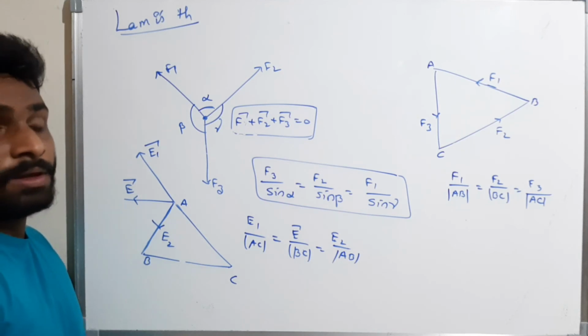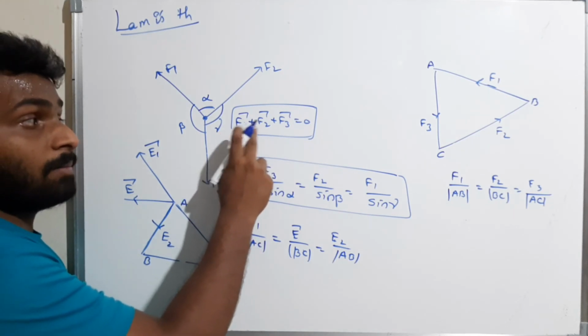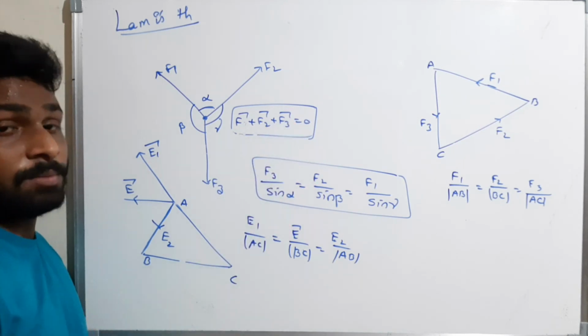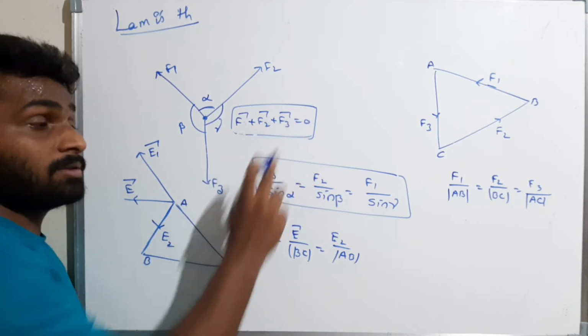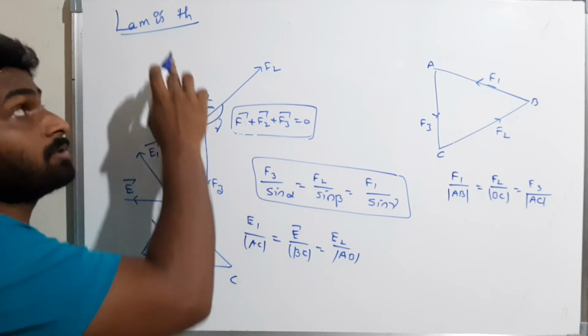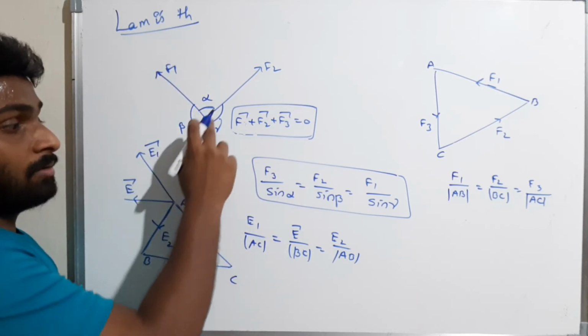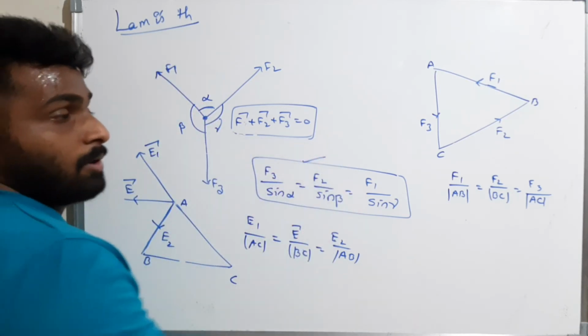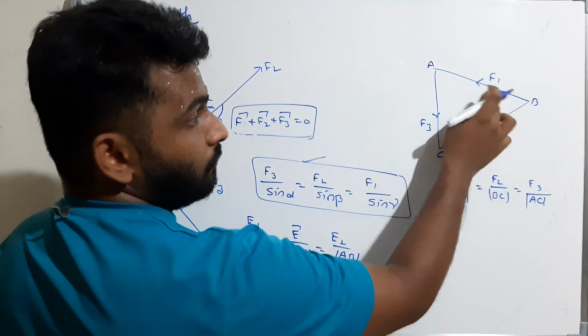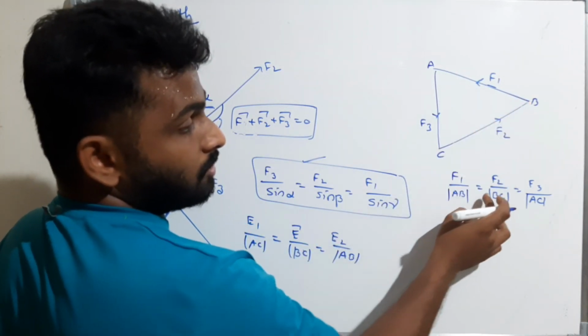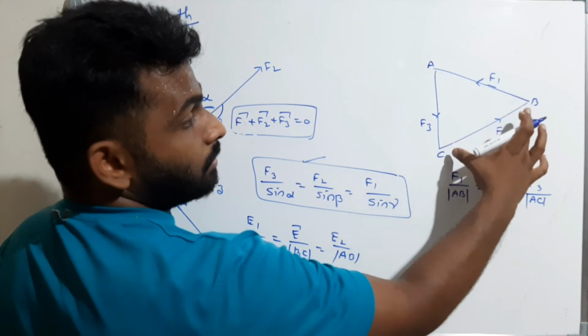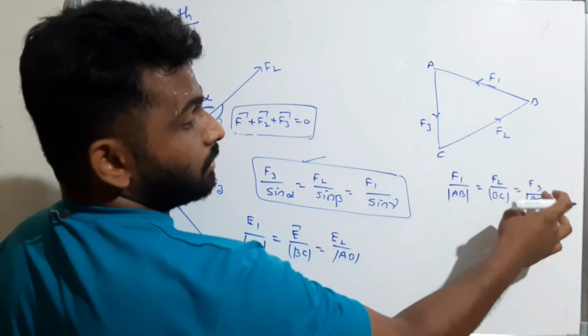Lami's theorem: if F1 bar plus F2 bar plus F3 bar is equal to 0, that means the vector sum of all the three vectors is 0, that means the resultant of the three vectors is 0. Then I can use Lami's theorem. This is one formula: using the triangle, F1 by magnitude AB is equal to F2 by magnitude BC, or F3 by AC.